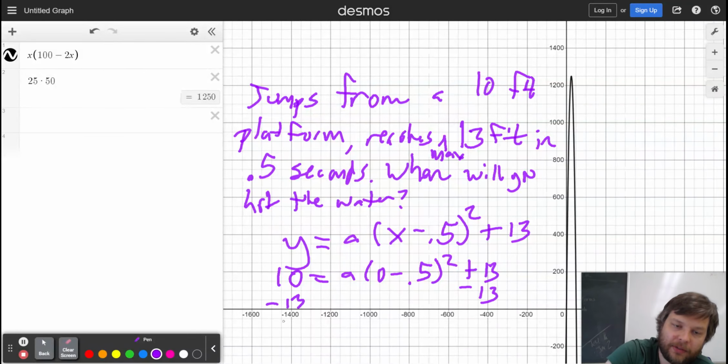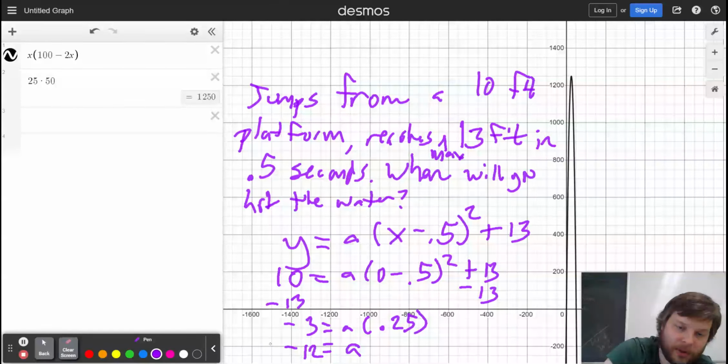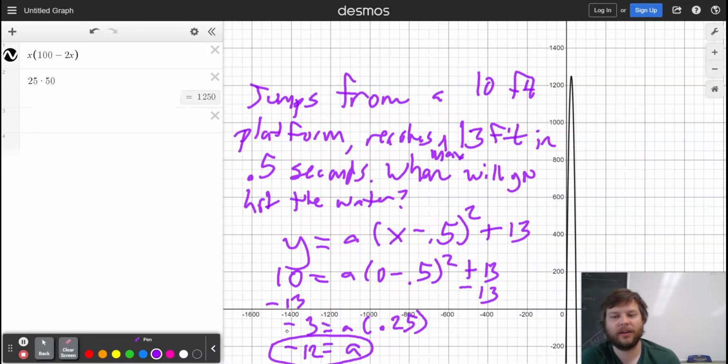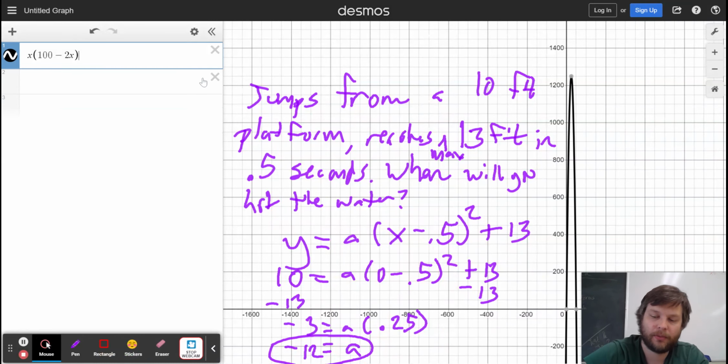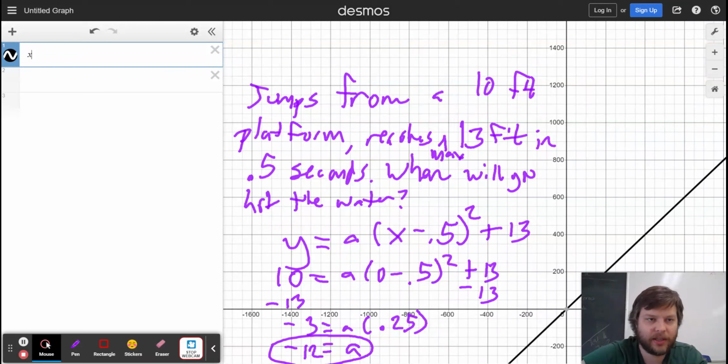This gives me -3 equals a times 0.25, because I squared 0.5. That means a is equal to -12. That's pretty close to being accurate, but not quite. It should be 16, but it's good enough for this video. Maybe there's some weird air resistance going on, or you've got crazy swim trunks on or something.